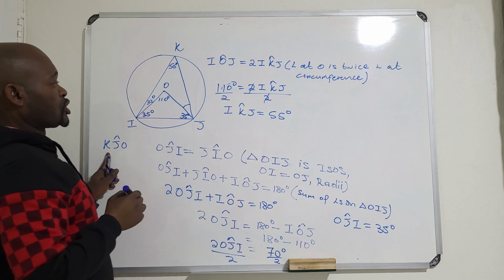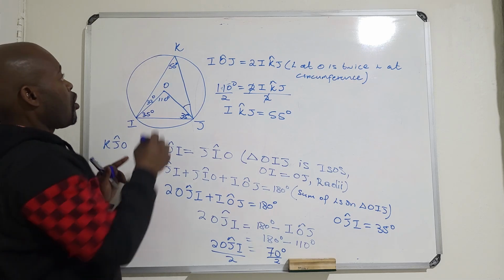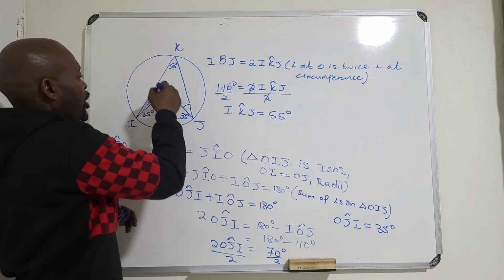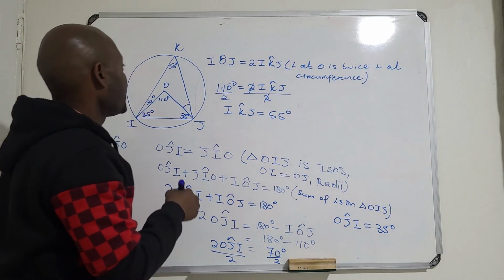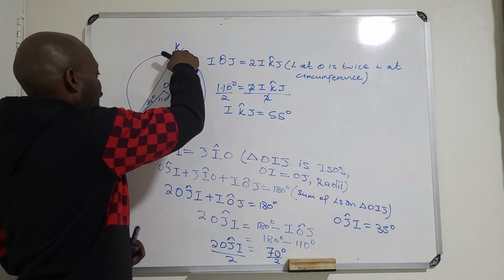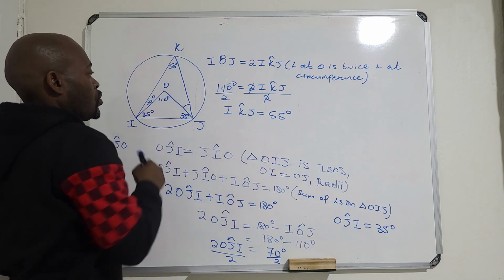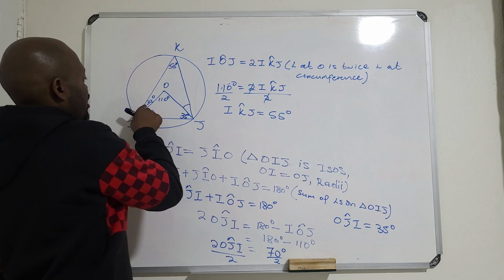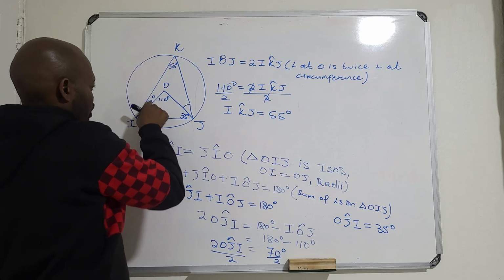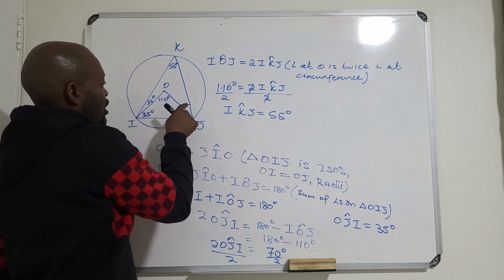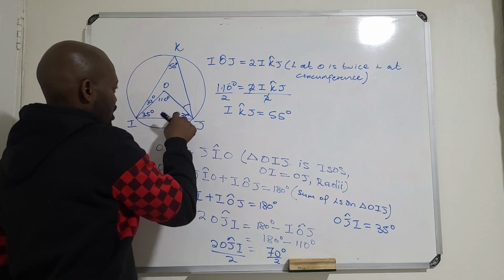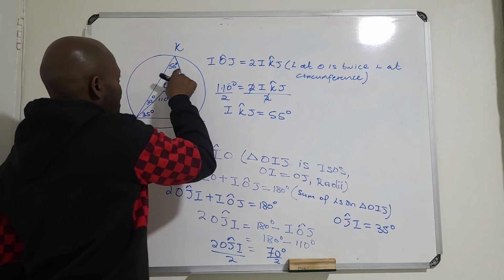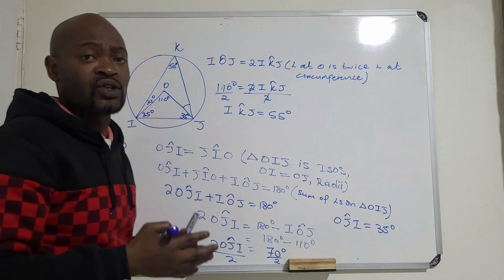And we were told to find angle KJO. Now we can find angle KJO, and this is how we find it. We're going to say this plus this, which is one angle. This plus that, which is another angle. Plus that, a sum of angles on a triangle.